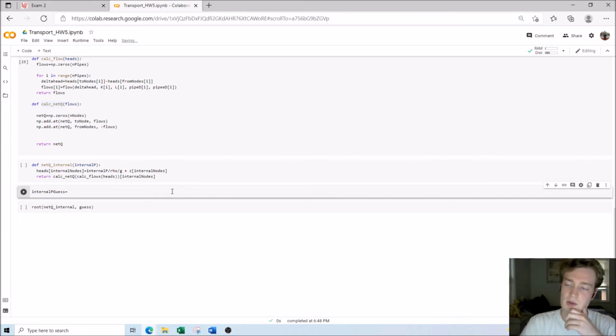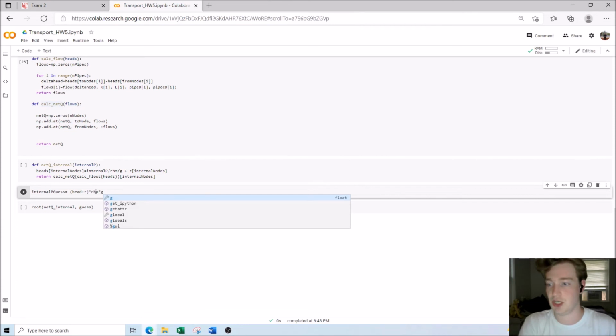Well, we can take the delta head equation and rearrange it a little bit, and we get the head minus z. I'm just going to write this out in, I don't want to call it English, but it's not code. Head minus z times rho times g. Just like that.